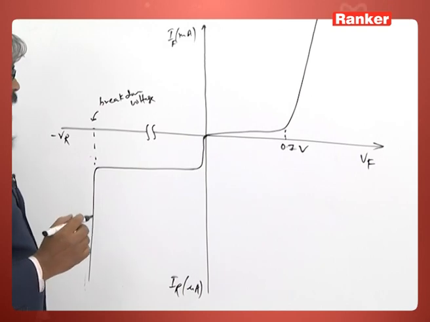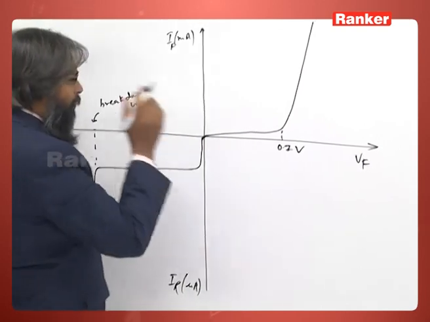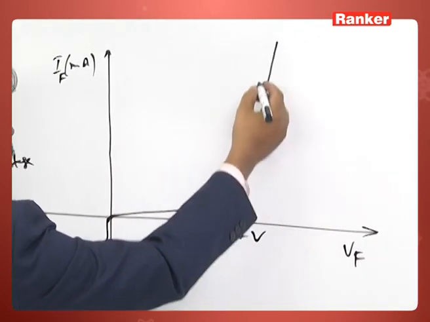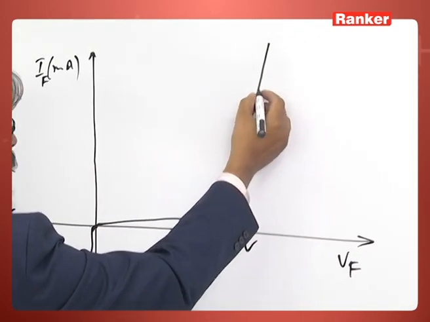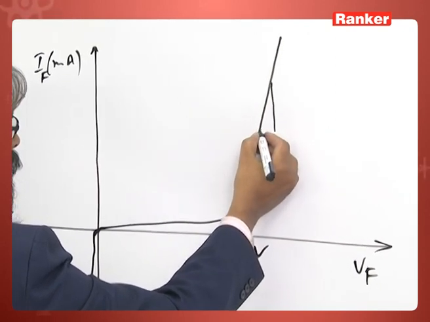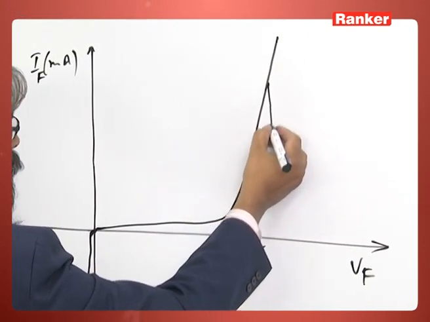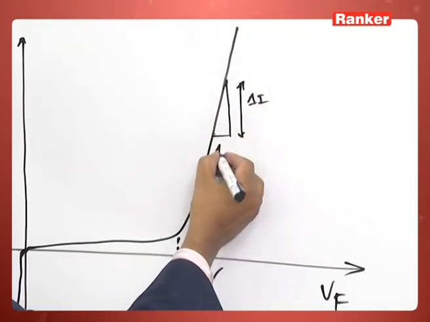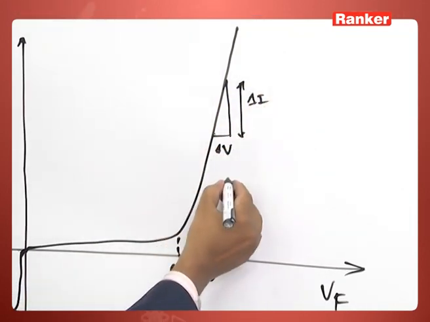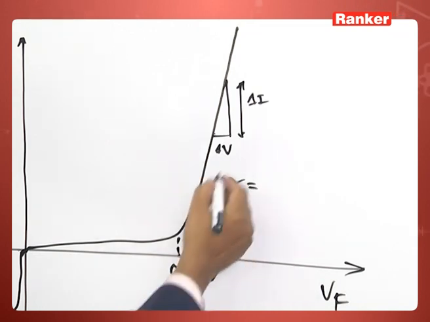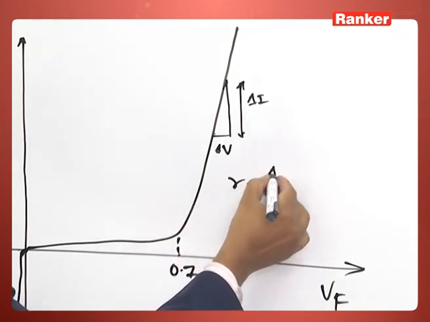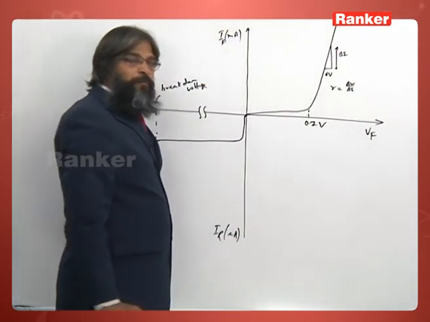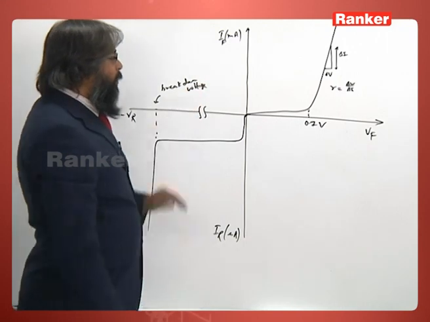Now you see the diode when used in the forward region will have a resistance. If I draw the slope, this will be delta I and this will be delta V. So the resistance R is equal to delta V by delta I. Here delta V by delta I is very small, so a small resistance.